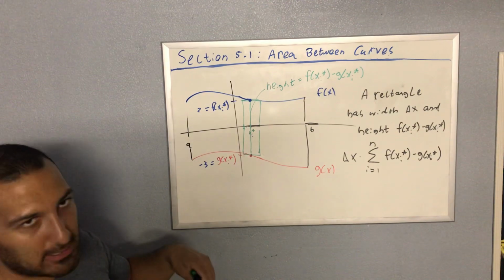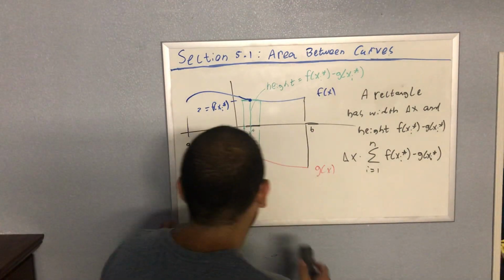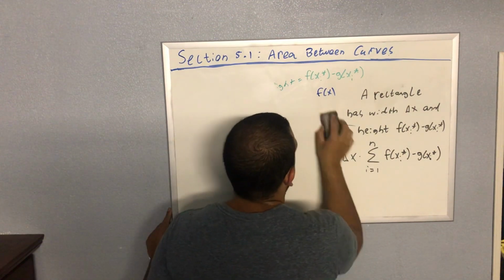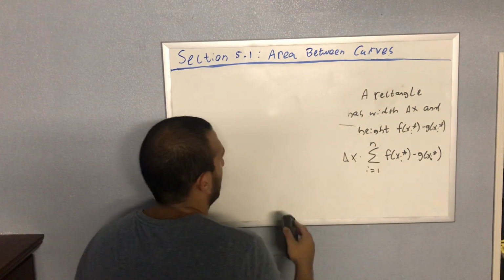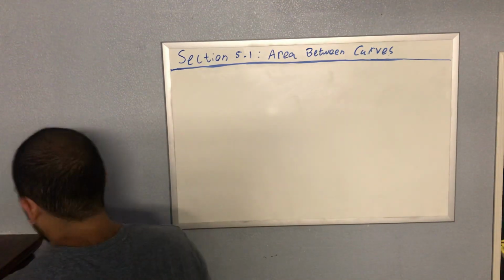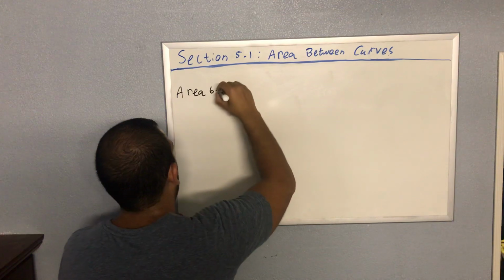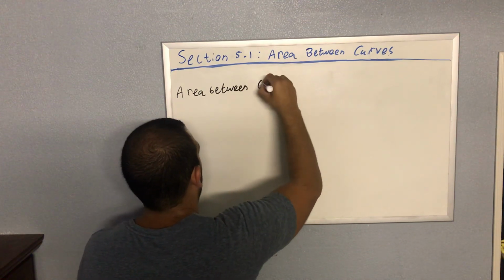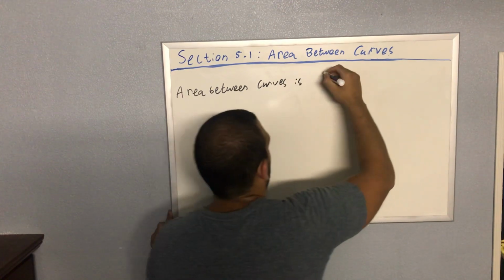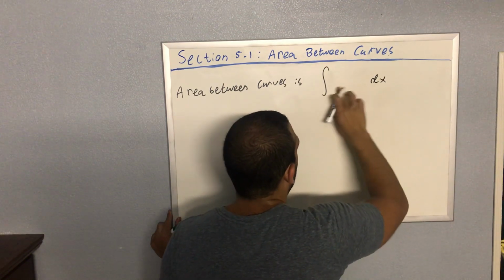So remember, we take the limit as n goes to infinity to get an infinite amount of rectangles. The moral of the story is, after all of this, the area between the curves is going to be, remember, delta x gets replaced with dx, and the heights go here.